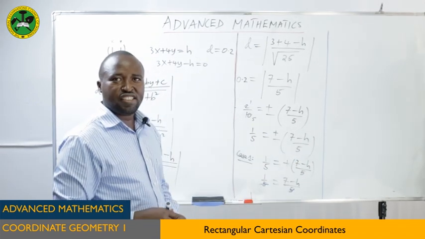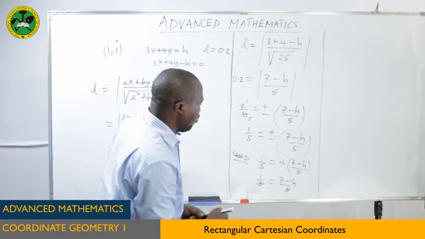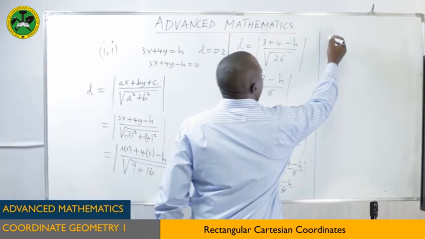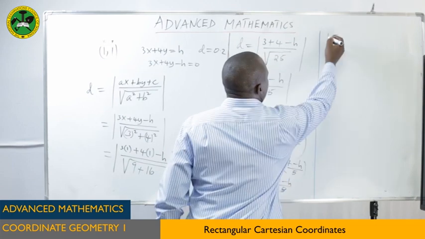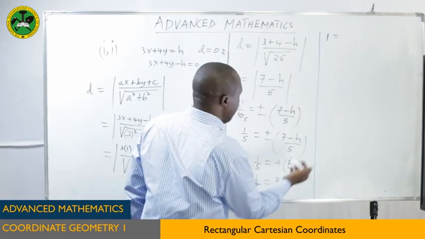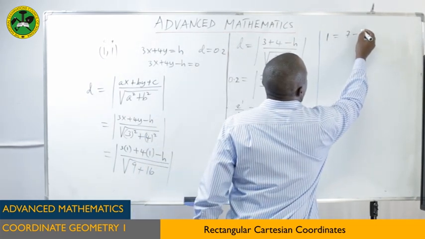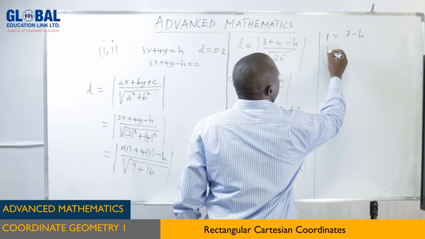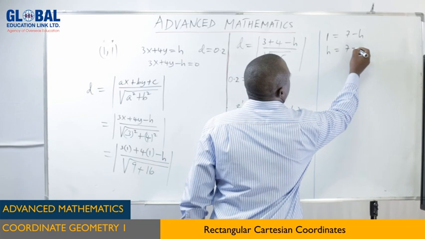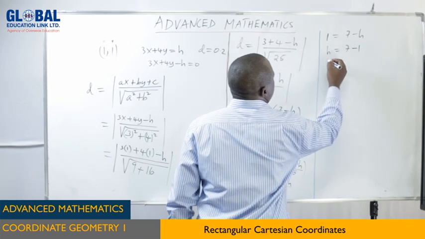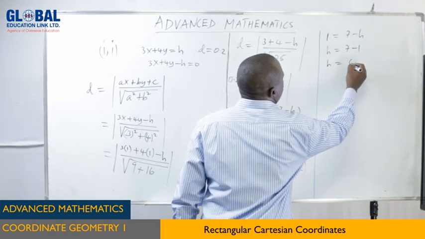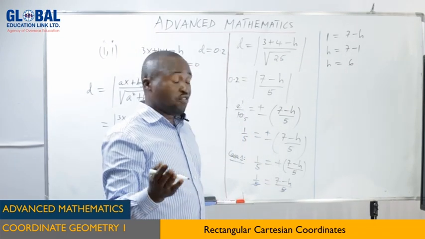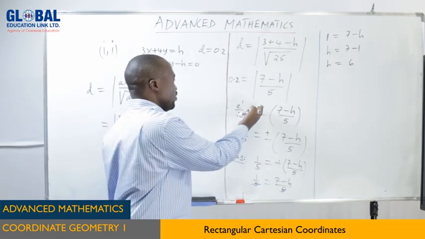Dear student, on simplifying, we remain with 1 is equal to 7 minus h. So h will be equal to 7 minus 1. Therefore h is equal to 6. That is for the case of positive.